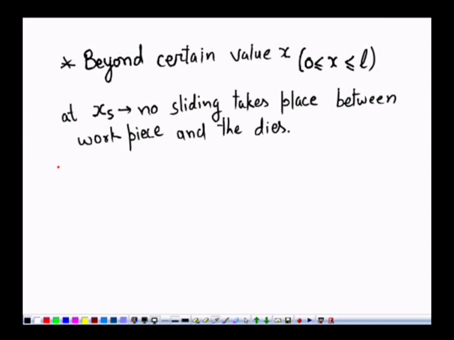And also another fact is that due to the increasing frictional stress, which reaches the maximum value, the shear yield stress, this one is a frictional stress, that is tau we have taken.